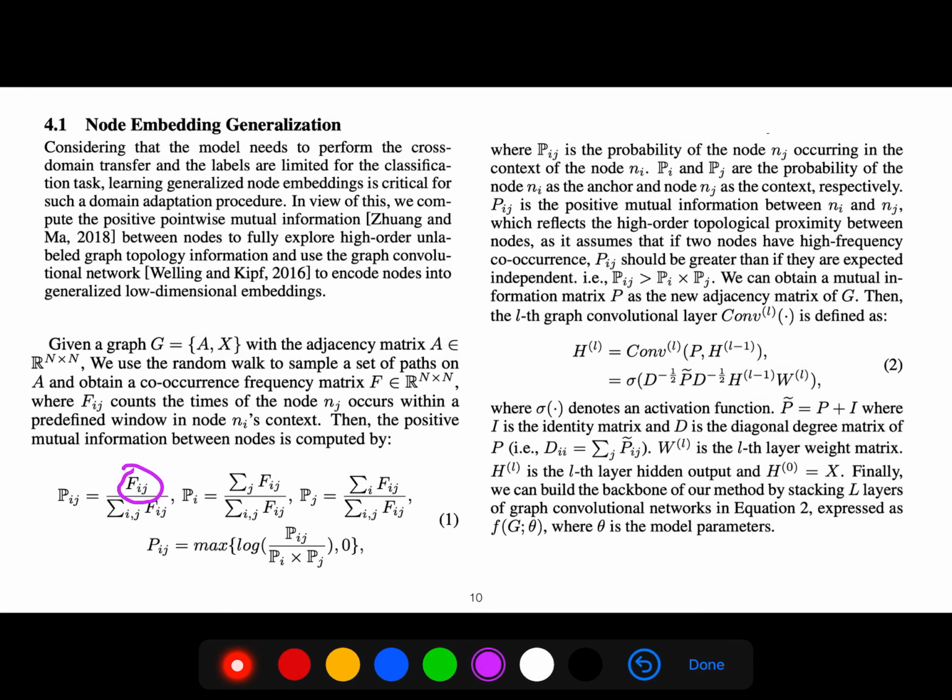Then the positive mutual information between the nodes is computed. So this Pij is the probability of the node nj occurring in the context of node ni. And these probabilities, P sub i and P sub j, are the probability of the node ni as the anchor and node nj as the context.